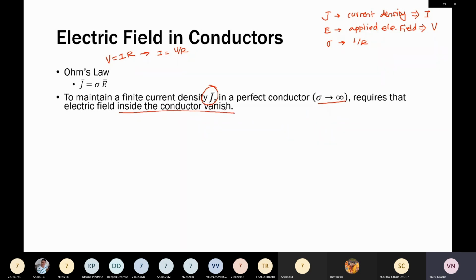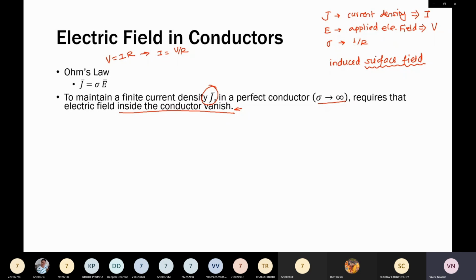The electric field inside the conductor vanishes due to the induced surface field. ये induced surface field क्यों create हुआ था?